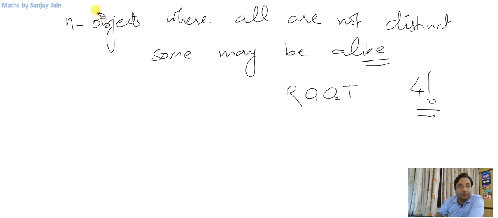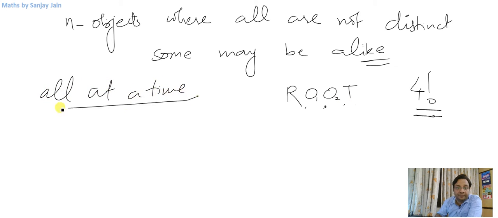Okay, so if it was this situation, it was O1, O2 here, then you would have simply said that there will be 4 factorial arrangements of these letters taken all at a time. So we will be discussing taken all at a time, right? So there would have been 4 factorial.